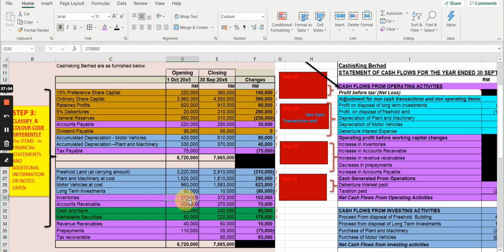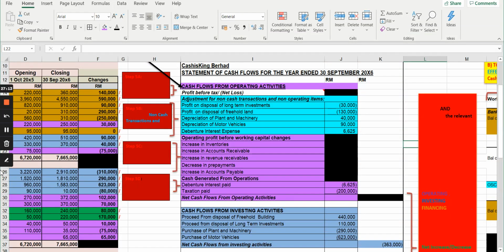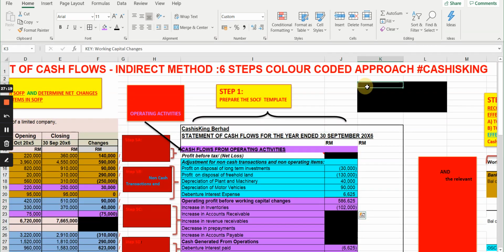So yes, there is an increase in inventories, 372,000 at the end. So it is 102. That 102,000 is the working capital changes that took place. And I have some little reminder here for you, for those that have maybe forgotten the reason why.